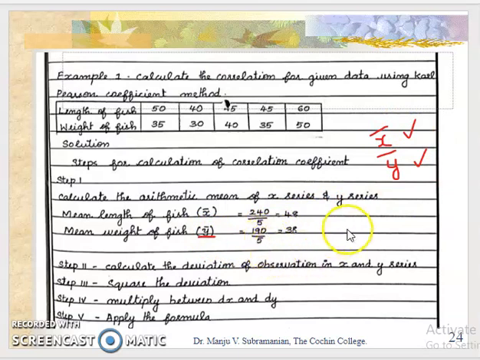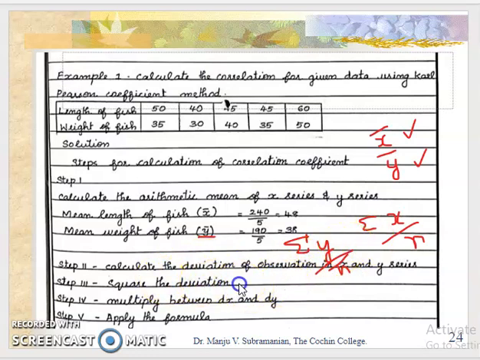And how to find the mean? It is sigma x by n. That is the mean for x. Similarly, find the mean for y also, that is sigma y by n. You already studied it.